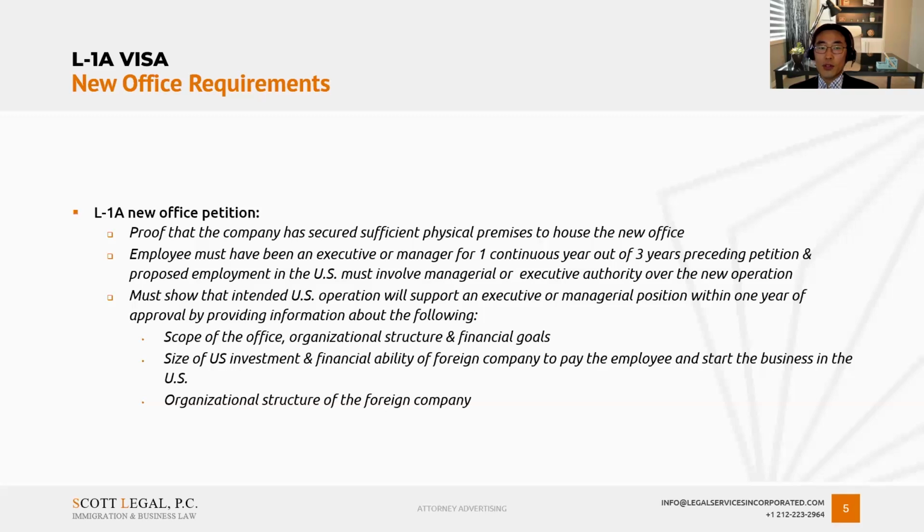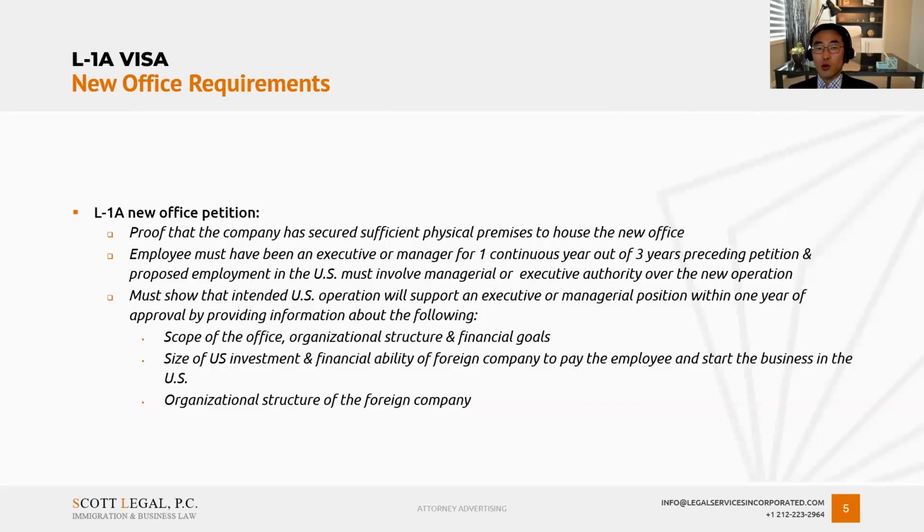So in the new office category, at the end of the first year, you should be able to show that the US company has hired enough people so that the executive or manager foreign national employee is only focusing on what they are supposed to do, not doing administrative work or actual sales.